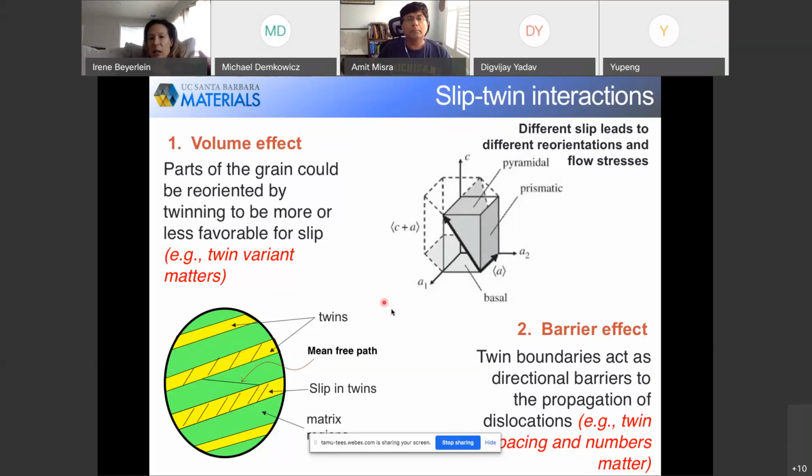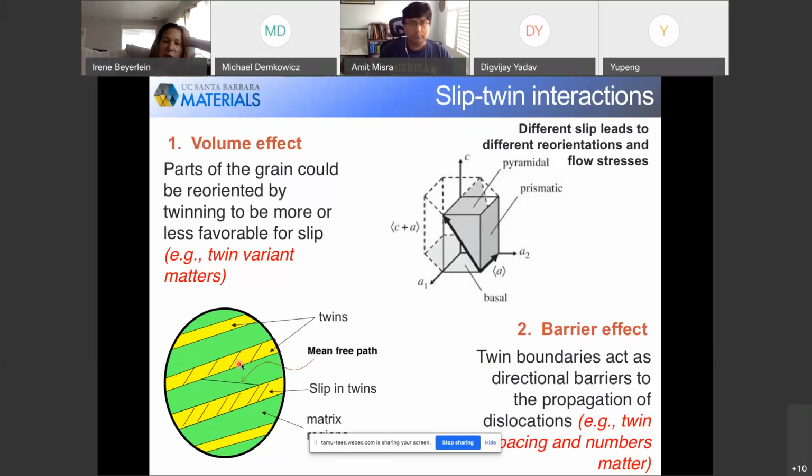So you can then see how twin-slip interactions would evolve as the twins change morphology, number, and volume fraction. For instance, if the twin decided to grow with strain, then the volume where new twin activity is favored will increase as the twin increases.